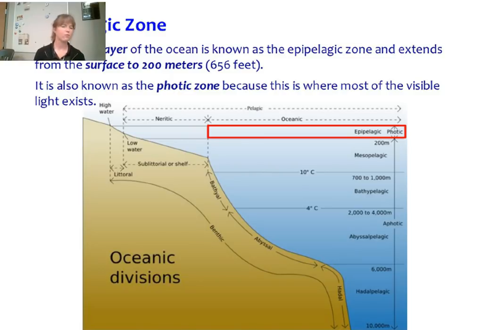Let's go back really quick before we move on to talk about the photic zone, and I'm just going to preface some of the things that we're going to get into. If you live in the photic zone where there's light, it means that predators can see you. So if predators can see you, you need to be able to avoid them. And if you're a predator, you need to be really good at seeing your prey.